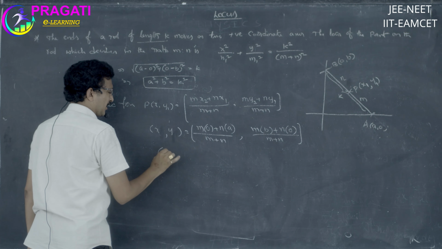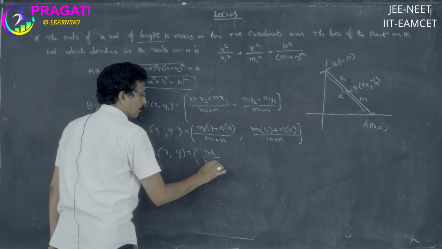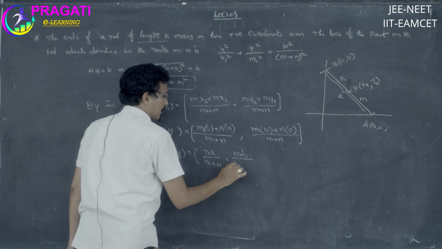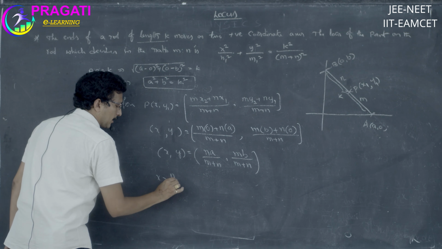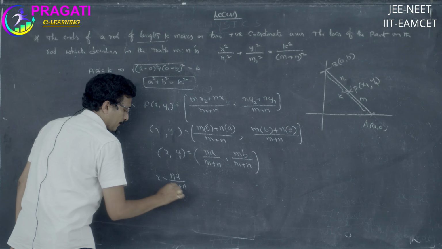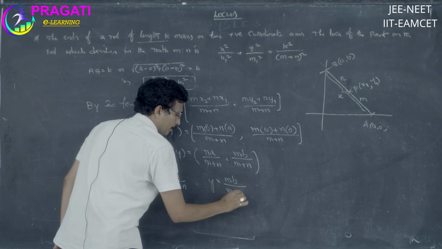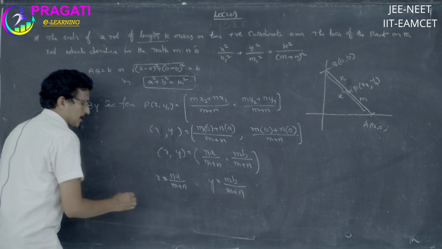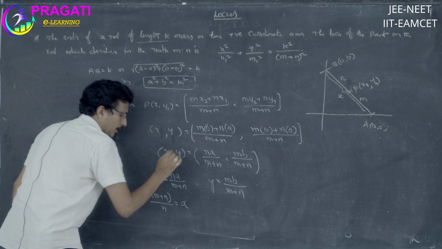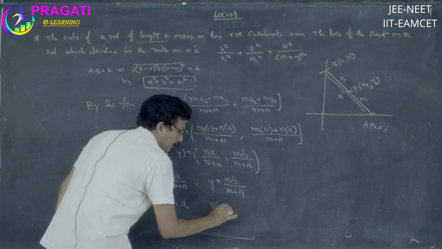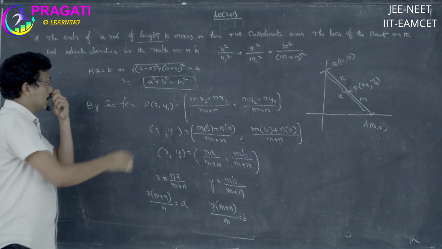Here the point is treated as simply (x, y) is equal to (na by m plus n, mb by m plus n). Corresponding places are equal. Then we get x equal to na by (m plus n), y is equal to mb by (m plus n). Here cross multiplication, x into (m plus n) by n is equal to a, and y into (m plus n) by m is equal to b. These two values are substituted in the equation.